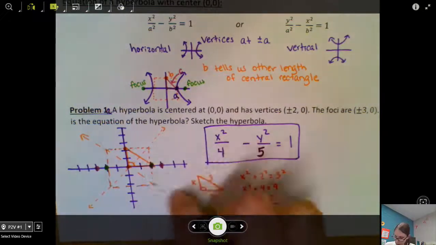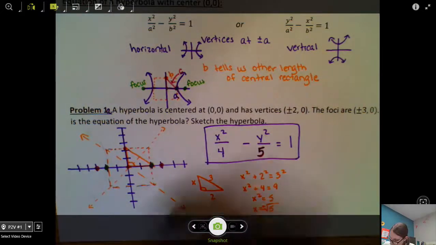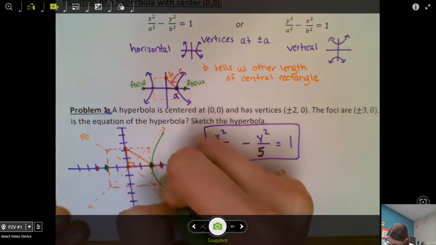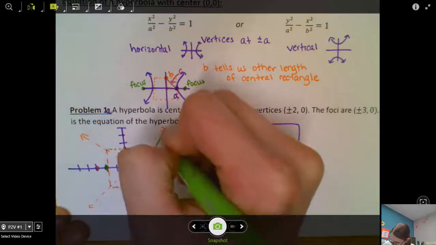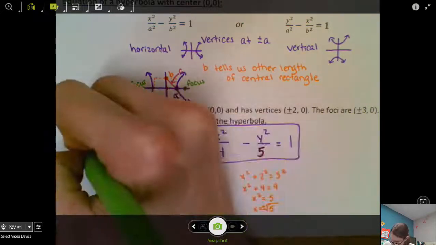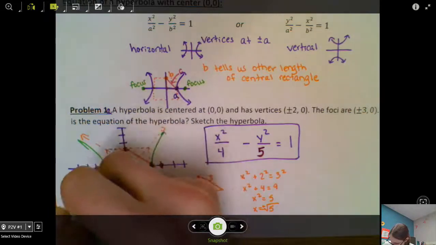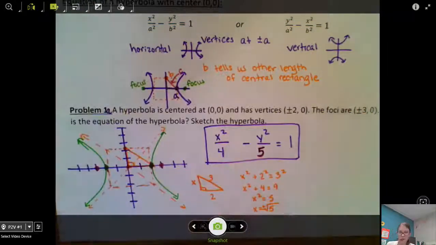So these are the asymptotes for our hyperbola, which means that my hyperbola is going to get closer and closer to those asymptotes on each side and not cross. So there's our sketch.